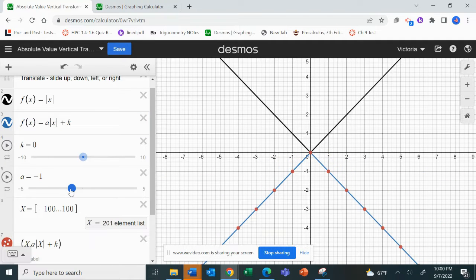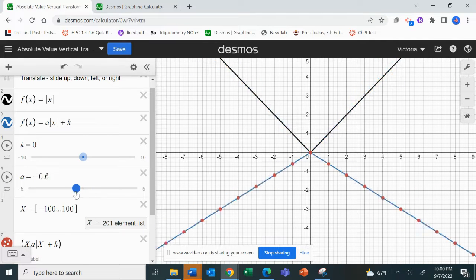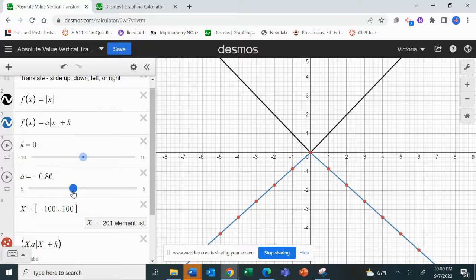Okay, so if we have our A value being a -1, it reflects the graph. It was up here, and now it's a reflection down here. You notice that the vertex, the very important vertex, does not change with the reflection.